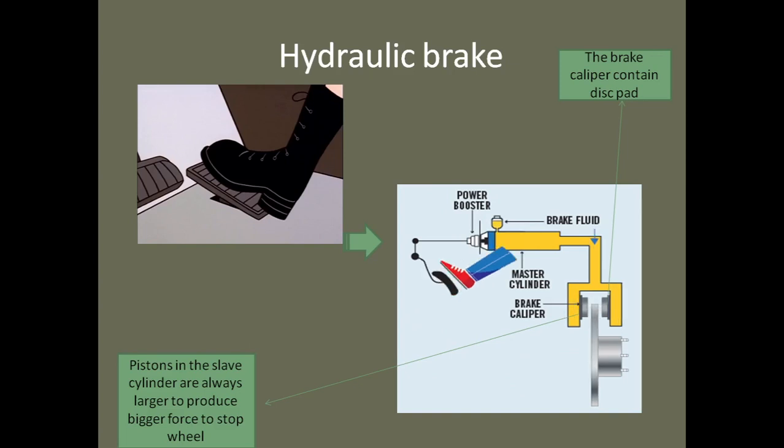Without this system, it would be difficult for you to stop cars like trucks, even a normal car. You would need to apply extra force to stop a moving car. But this system is a very good design that we use today.